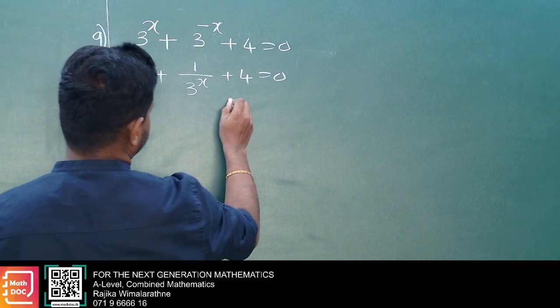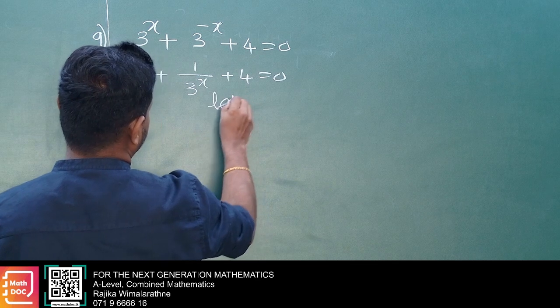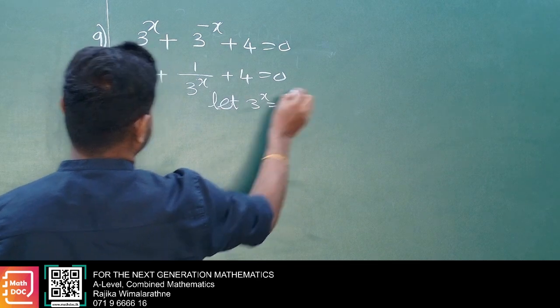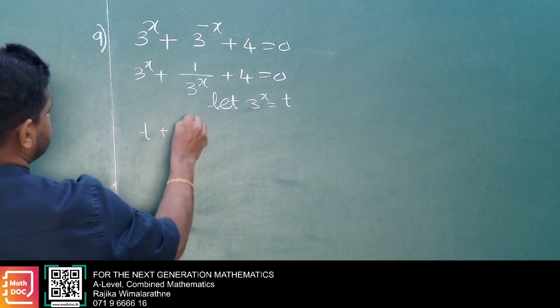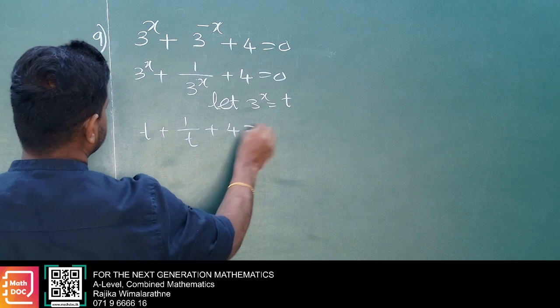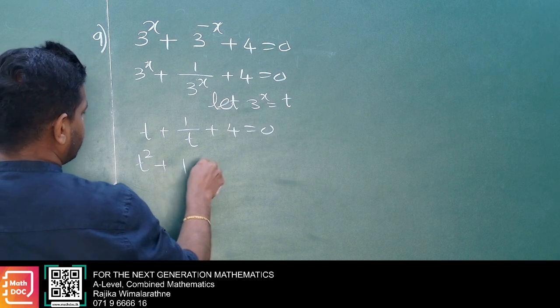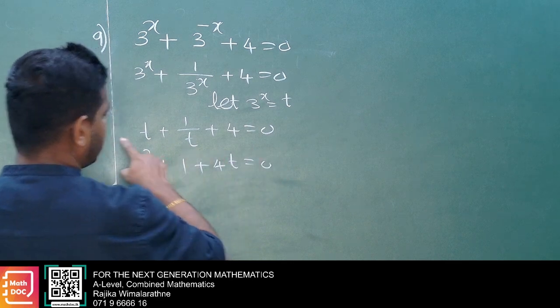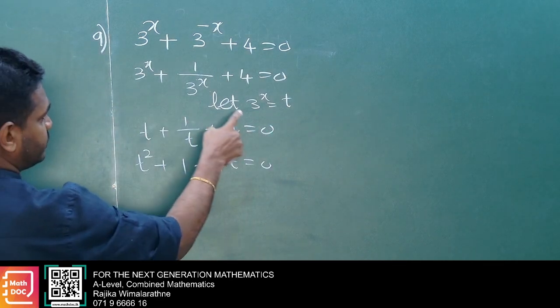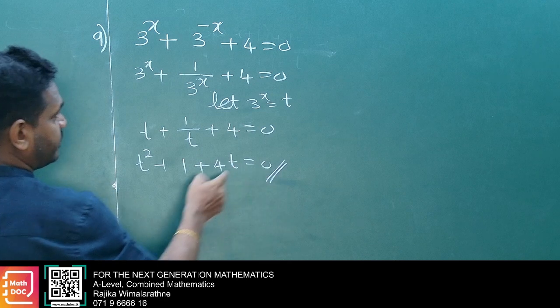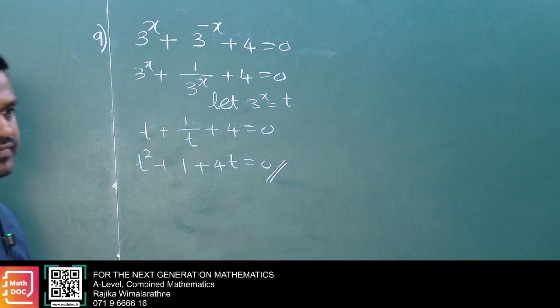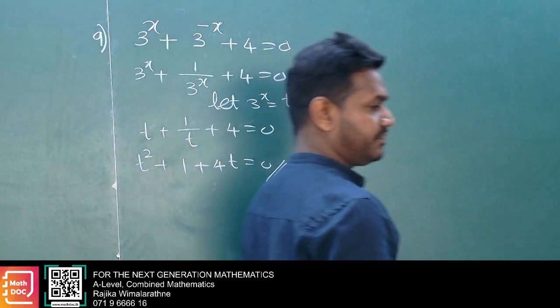Now you take substitution 3 to the power x equals t, then t plus 1 over t plus 40, multiplied by t, t squared plus 1 plus 40t. Now it is quadratic form. Now do with me.